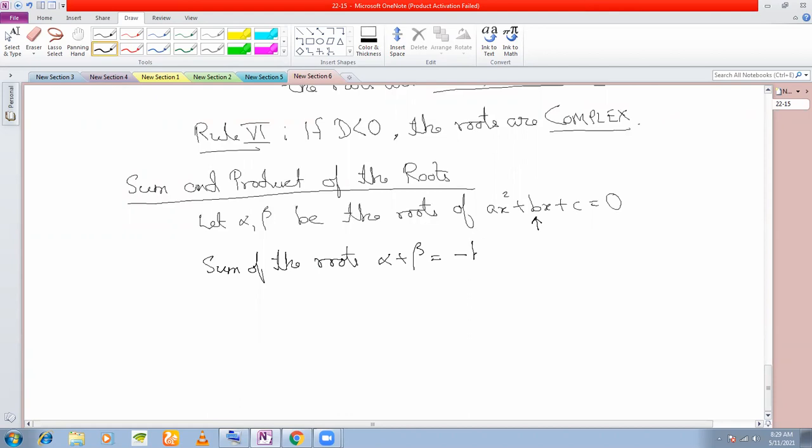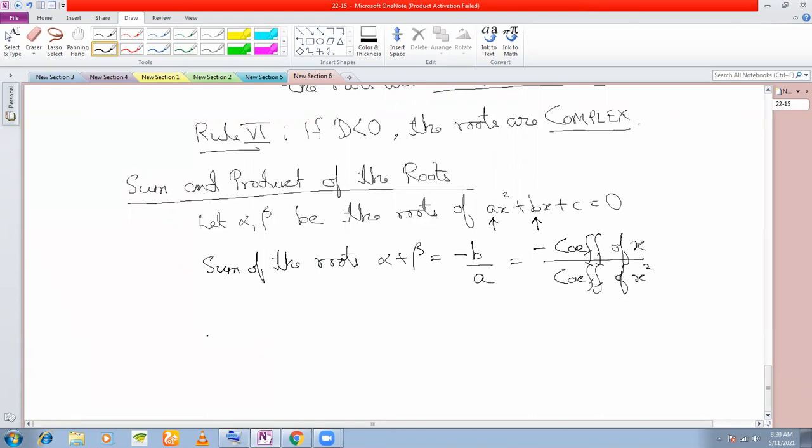You change the sign of this coefficient b and divide it by a. That is, you divide it by the coefficient of x square. Okay, so you can write this as minus coefficient of x divided by coefficient of x square.